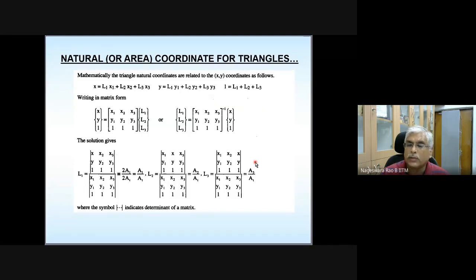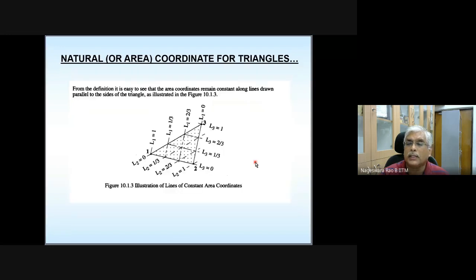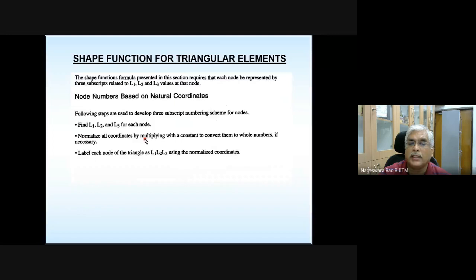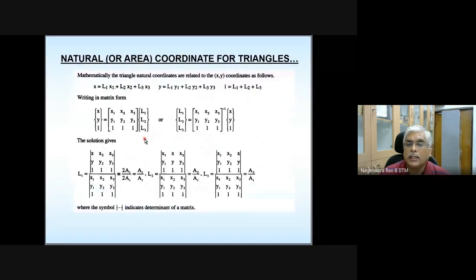If you do that, what is going to happen for node 4? You just substitute and then go and see the identities of determinants.